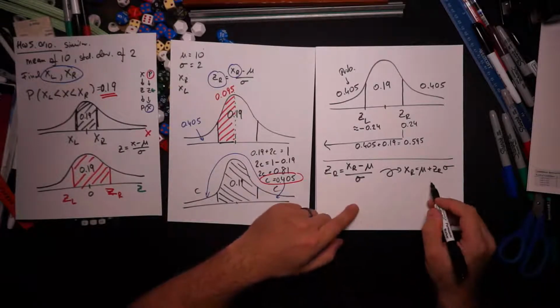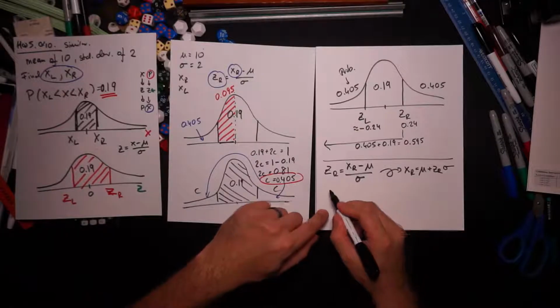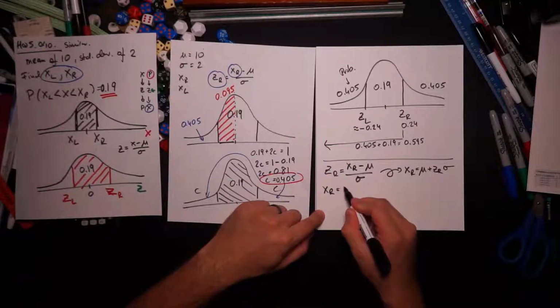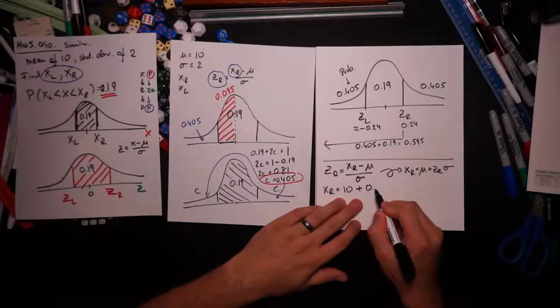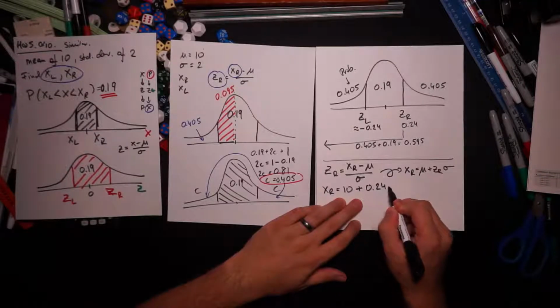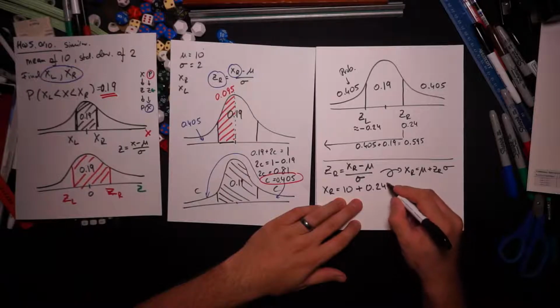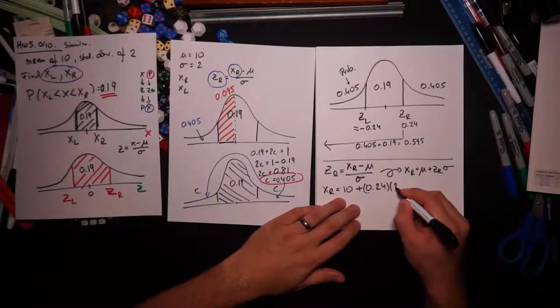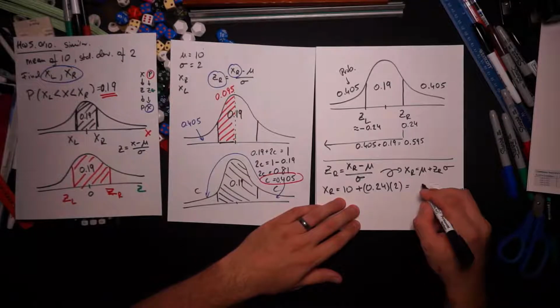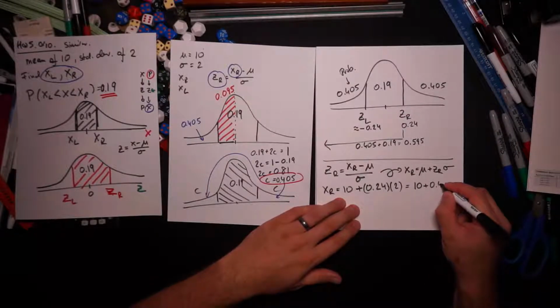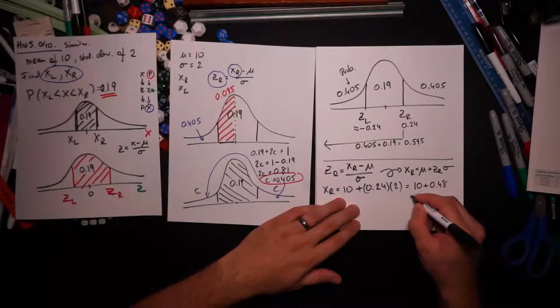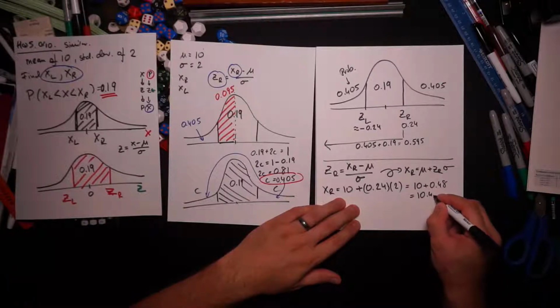And so we plug things in. XR equals 10 plus 0.24 times 2. So that comes out to be 10 plus 0.48, which is 10.48.